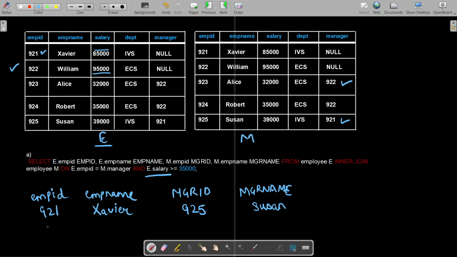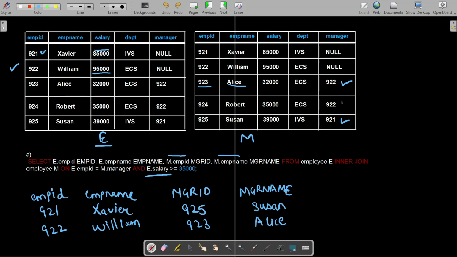So here again we know that e.empid is 922, e.emp name is William. Now m.empid in this particular row is 923, and m.emp name is Alice. So this will be our second row in the output.